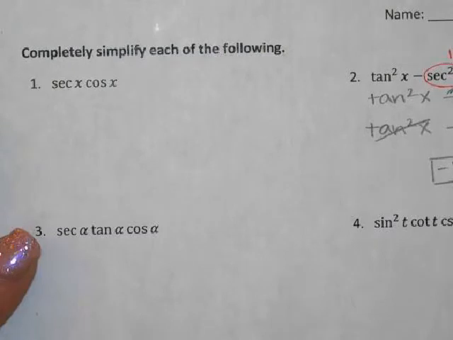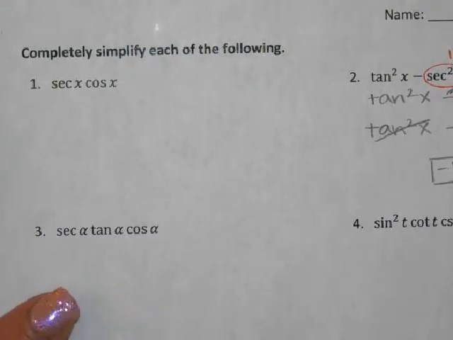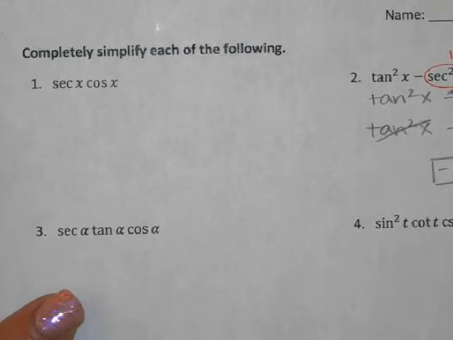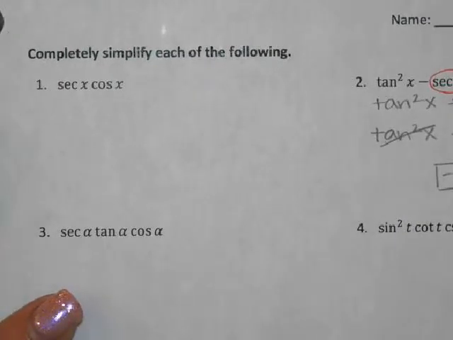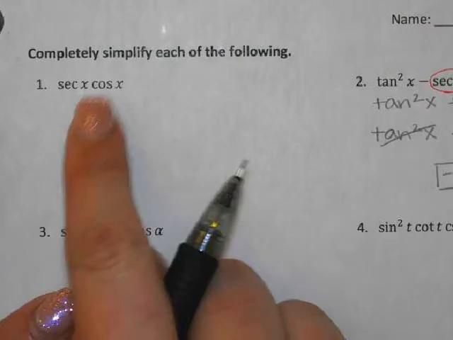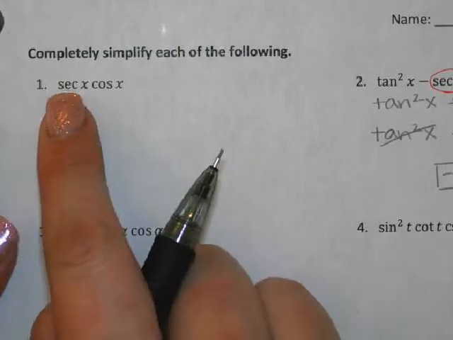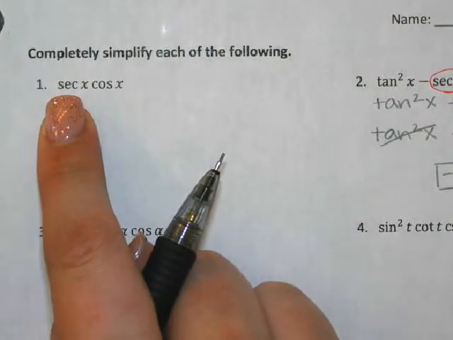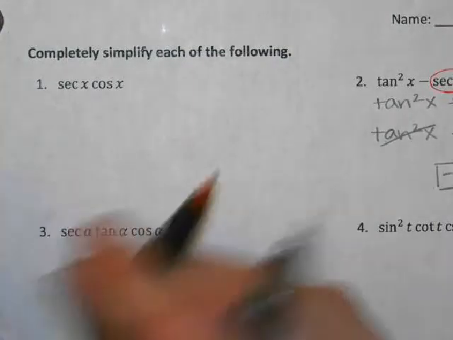All right. Let's go ahead and try number 1. So number 1 doesn't have any squareds in it. So what's another strategy on our notes that we could maybe try? We could use reciprocals, right? So you have a cos right here. If you look at the reciprocal identities, what could you replace secant x with? 1 over cos.